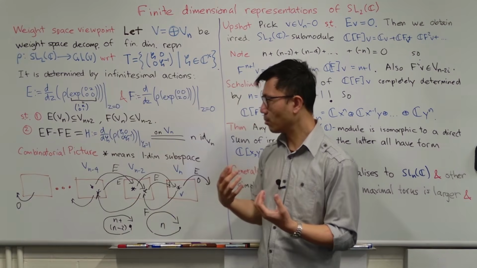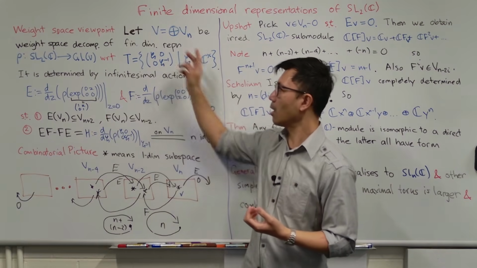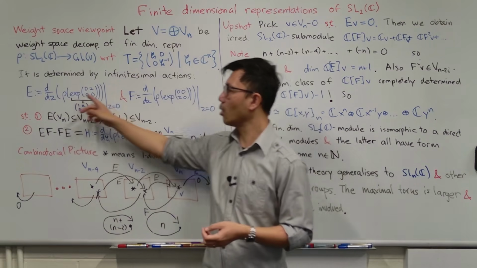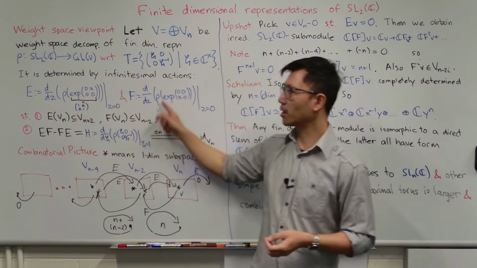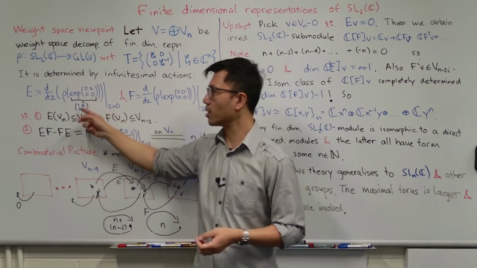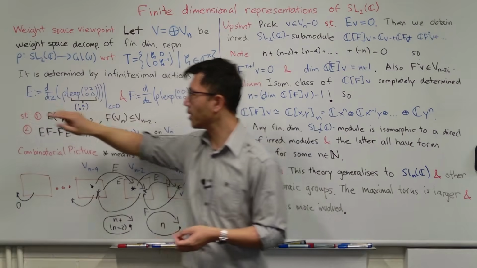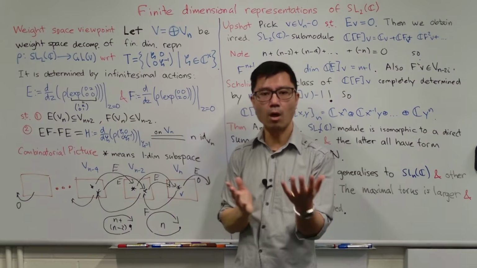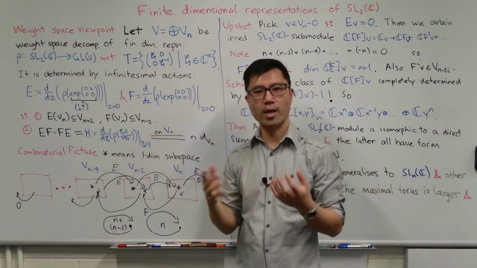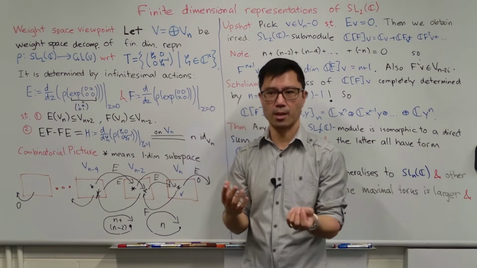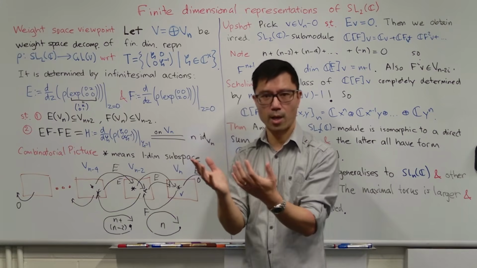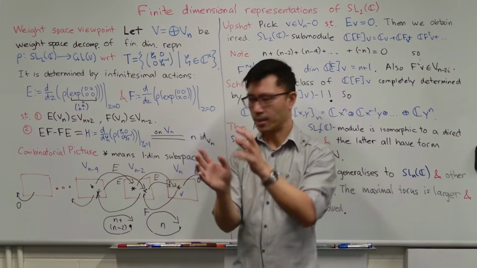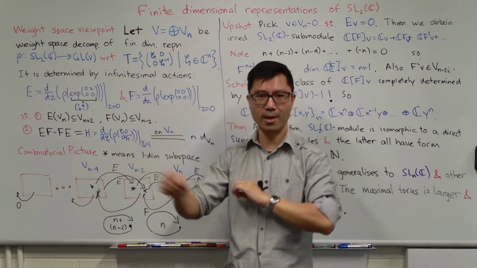And the other thing that makes it more complicated combinatorially is that once you have the weight space decomposition, what else do you need to do? Here we looked at the upper triangular bit and the lower triangular bit, and for the upper triangular bit there was only one generator E, and for the lower triangular bit there's one generator F. Now you'll have a lot more generators for the upper and lower triangular bits, and they'll be working in all sorts of different ways. So the way these arrows go will be much more complicated, how they map from one weight space to another.